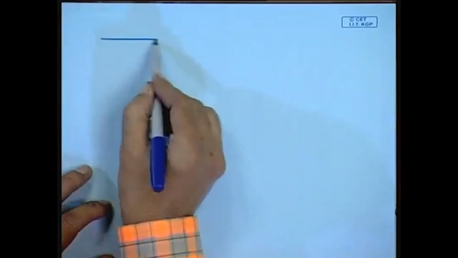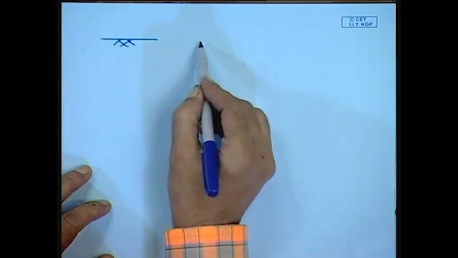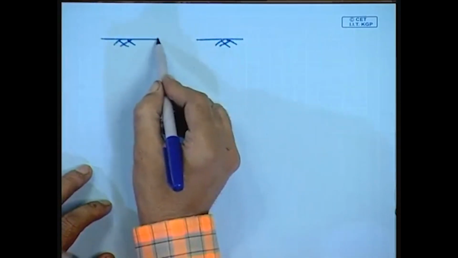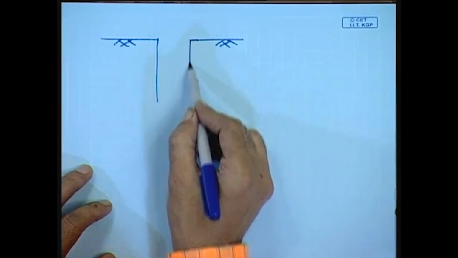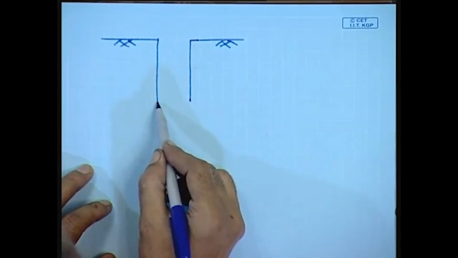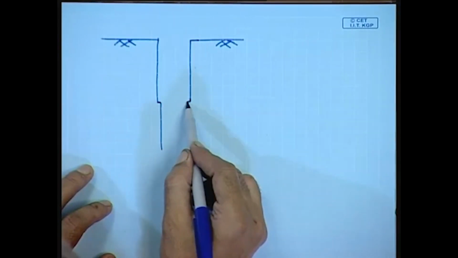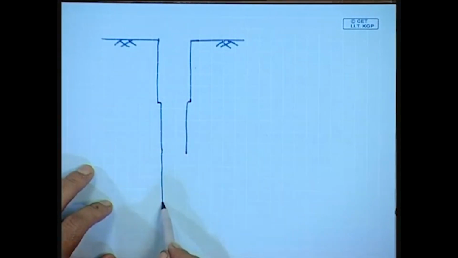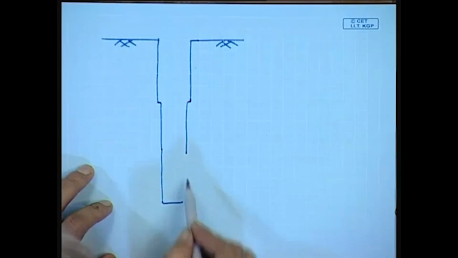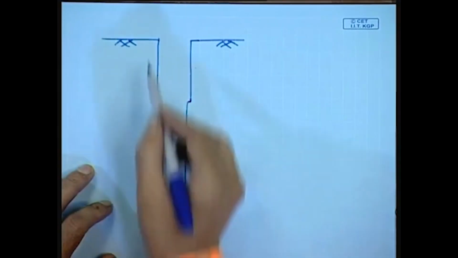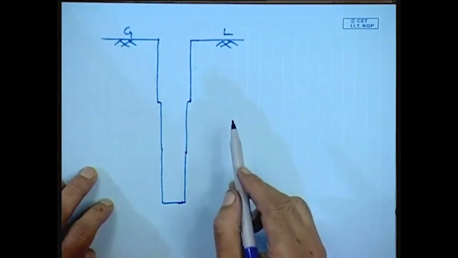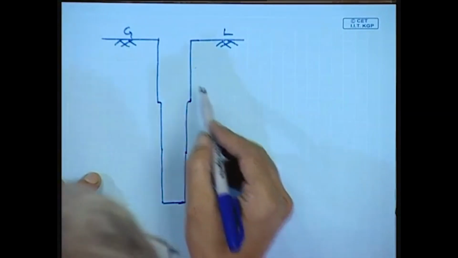So, in this case, suppose this is a well, and this is the well casing.